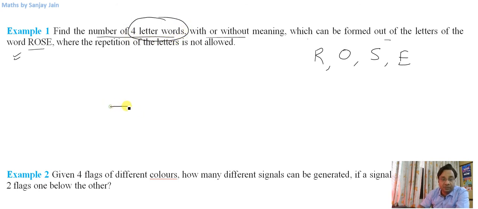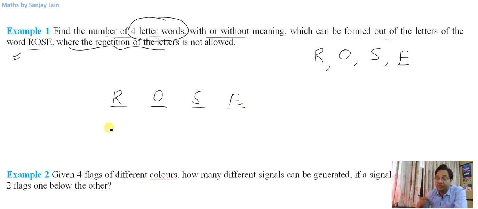So you have to count 4-letter words where the repetition of letters is not allowed. So if I have to form a word, one of the words will be R-O-S-E, right? Now the word can be with or without a meaning. So I have another word starting with R, which can be R-O-E-S. This is another word.